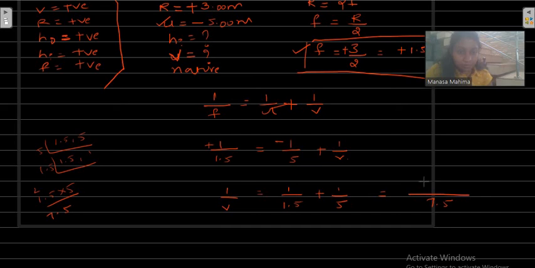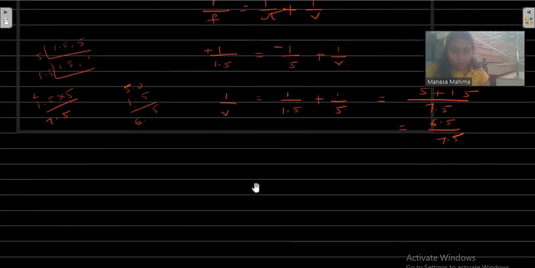It is almost 5 plus 1.5. So it is equal to how much? 5 plus 1.5, that is 6.5. So you are getting 6.5 by 7.5. So you will get the value of V.